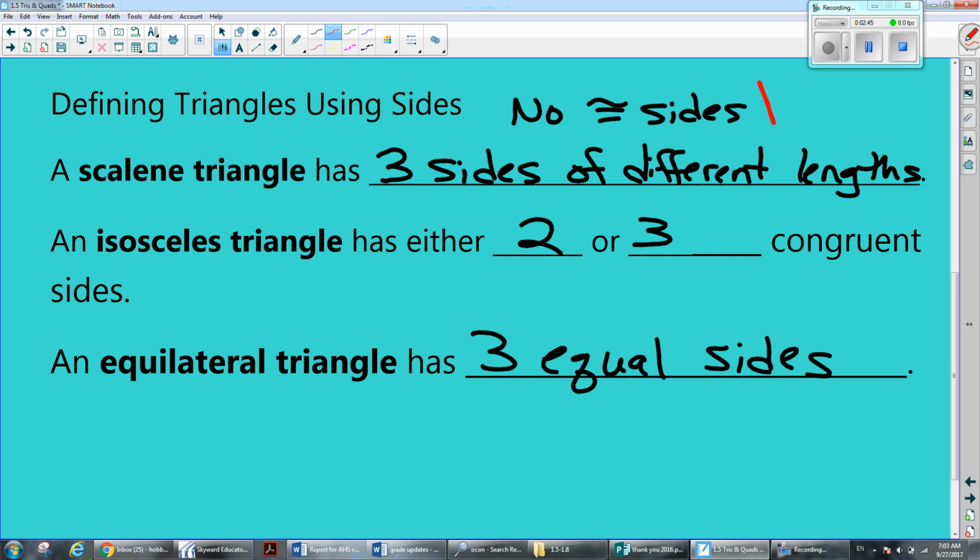So here would be an example of a scalene. All three of these sides are different length. An isosceles triangle needs at least two sides to be congruent. And an equilateral triangle has all three sides congruent. An equilateral triangle is also an isosceles triangle.